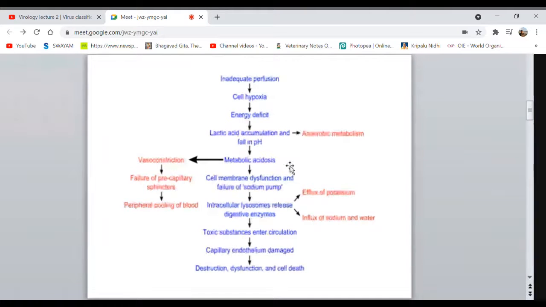So this is the cascade of events that takes place during shock.